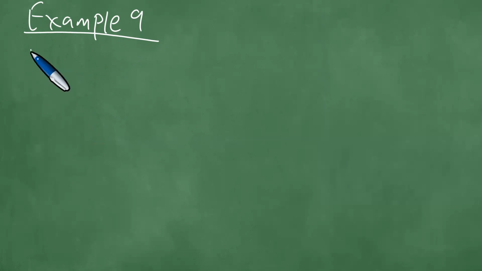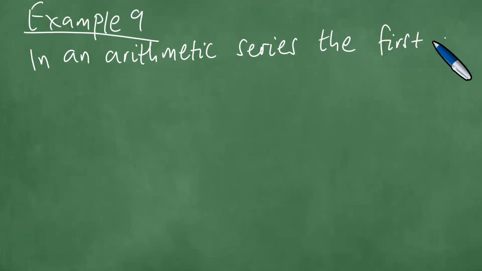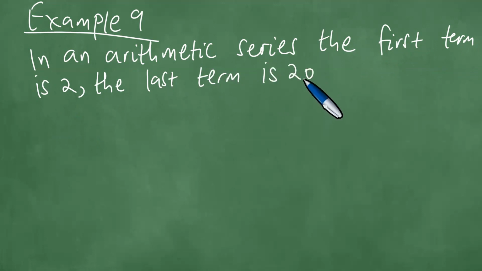Example 9 says in an arithmetic series, the first term is 2. The last term is 20. Okay, let's just clean up.